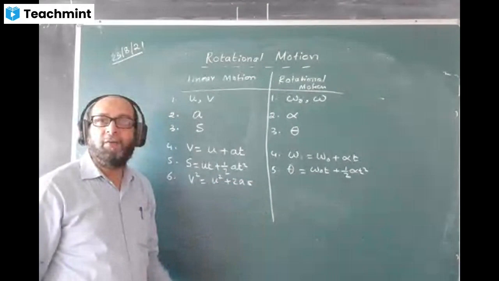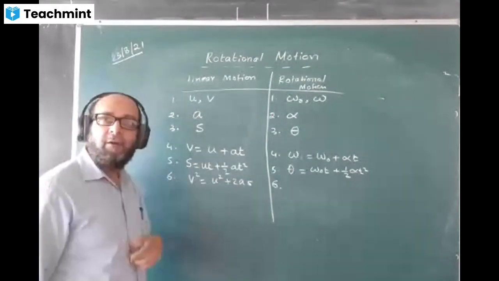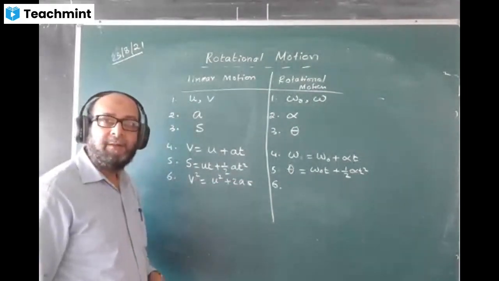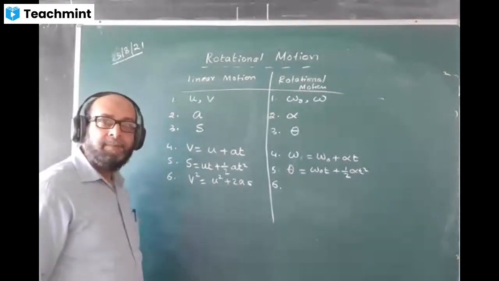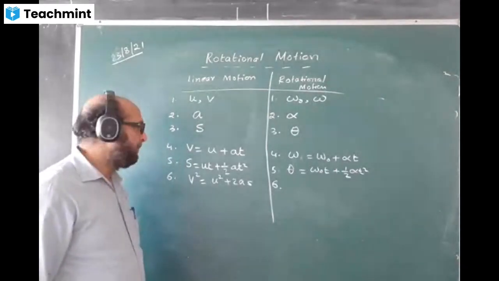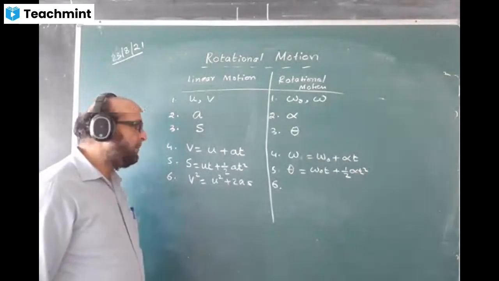How would you write this in rotational motion? Omega square equals omega naught square plus 2 alpha theta.